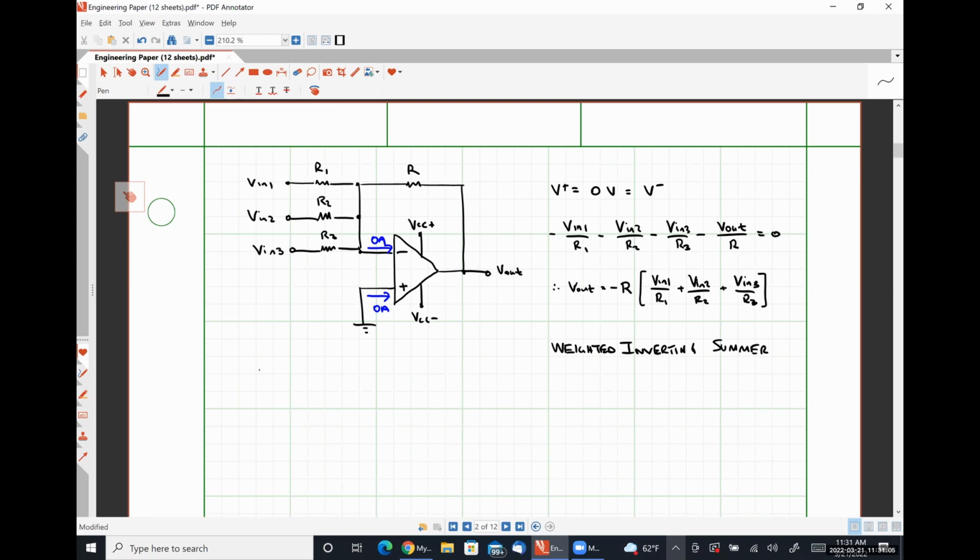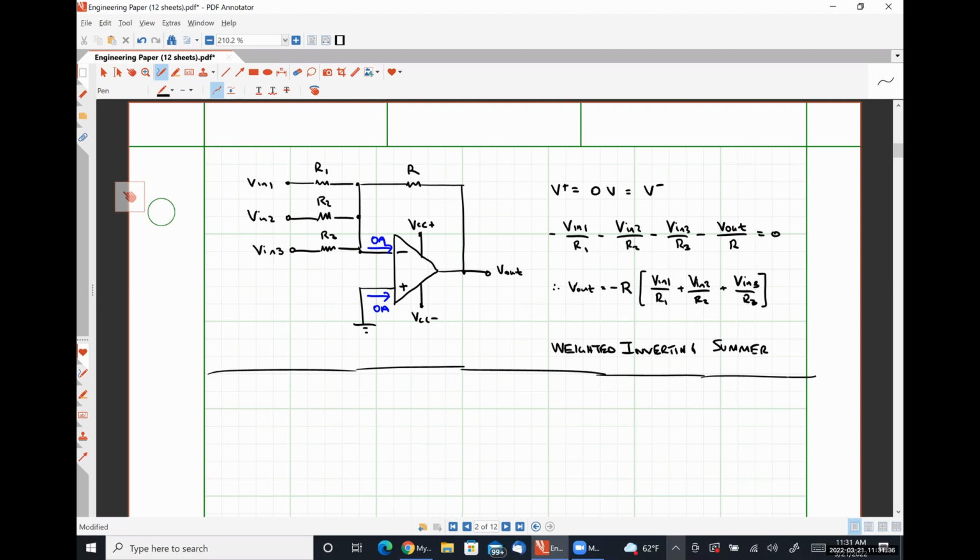Now, we're not going to analyze this, but it is possible to make a weighted non-inverting summer simply by applying all of our input voltages on the non-inverting side. The problem is that the scaling factor gets real weird real quick, especially if there are more than 2 input signals.